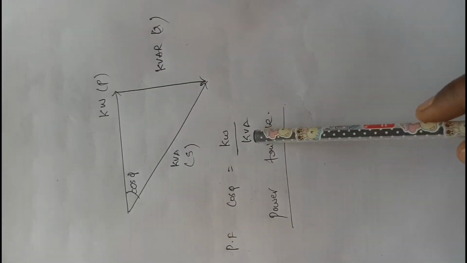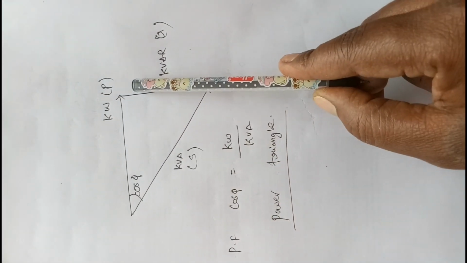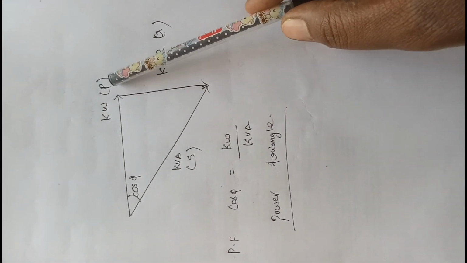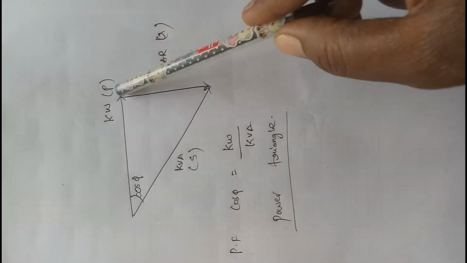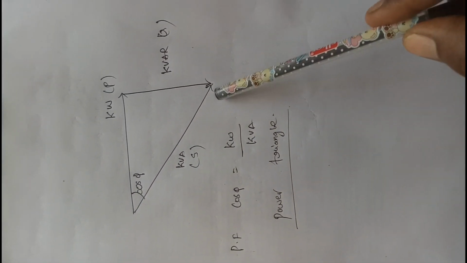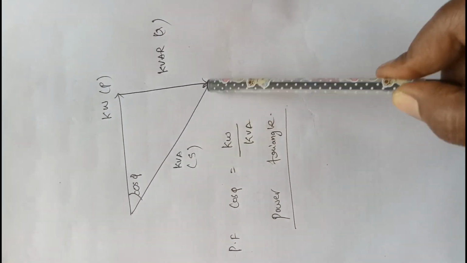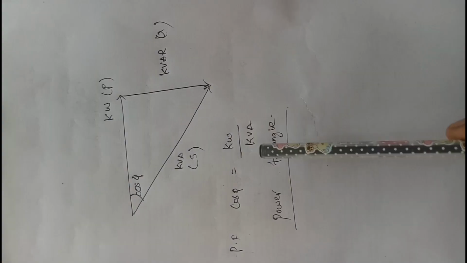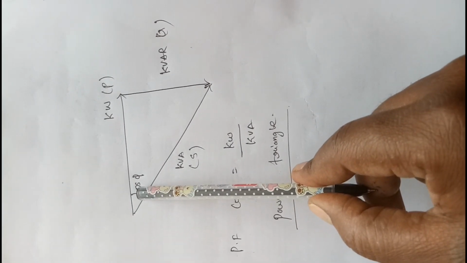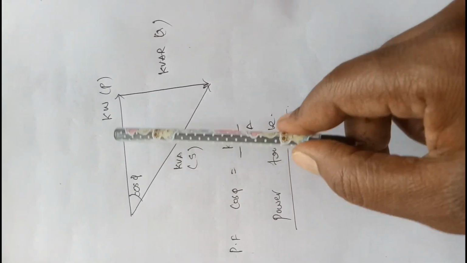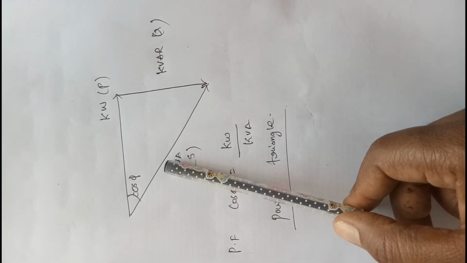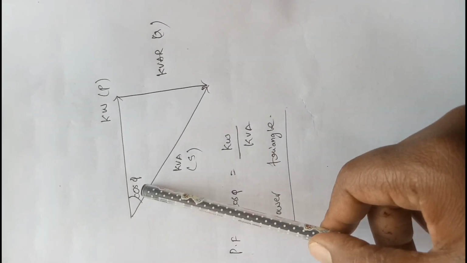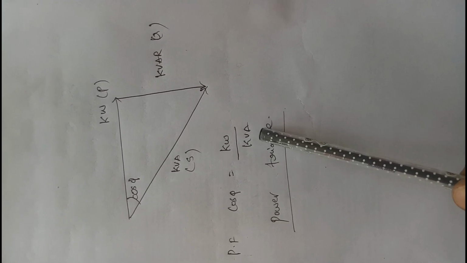You can see this is the real power, denoted by P, measured in kilowatts. The reactive power is at a right angle to this, and kVA is the hypotenuse. If you apply the cosine of the angle, this is the adjacent side and this is the hypotenuse, so cos phi equals kW by kVA.